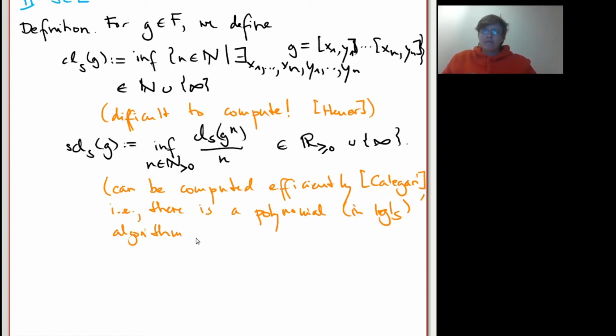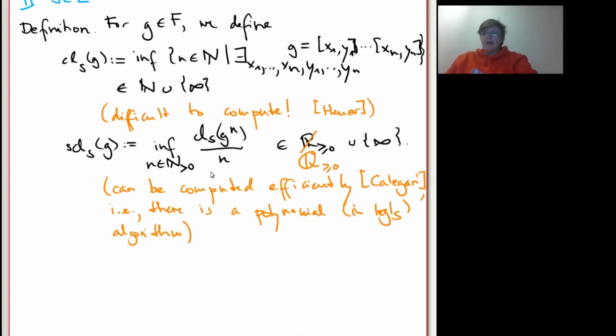And moreover, what he does, in fact, is he shows that you can obtain the stable commutator length as the value of a rational linear optimization problem. So this means that the stable commutator length on the free group only takes on rational values, right? It's not clear from the definition because this infimum could be anything, but it turns out in the free group it's always rational. So let me replace this by the non-negative rationals.